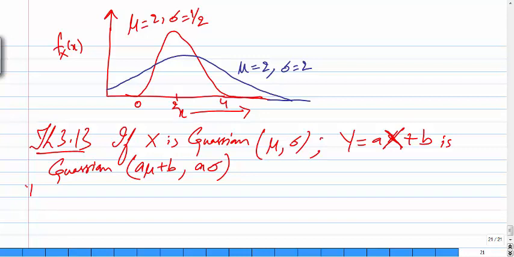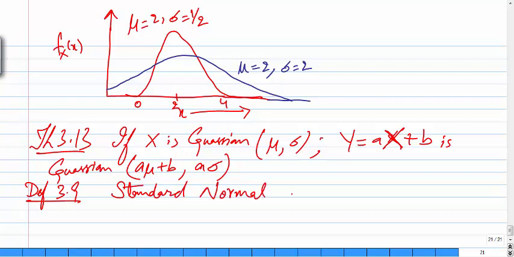Now we have a definition, and this is an important definition, 3.9. It is for the standard normal random variable. Now what do you mean by standard?